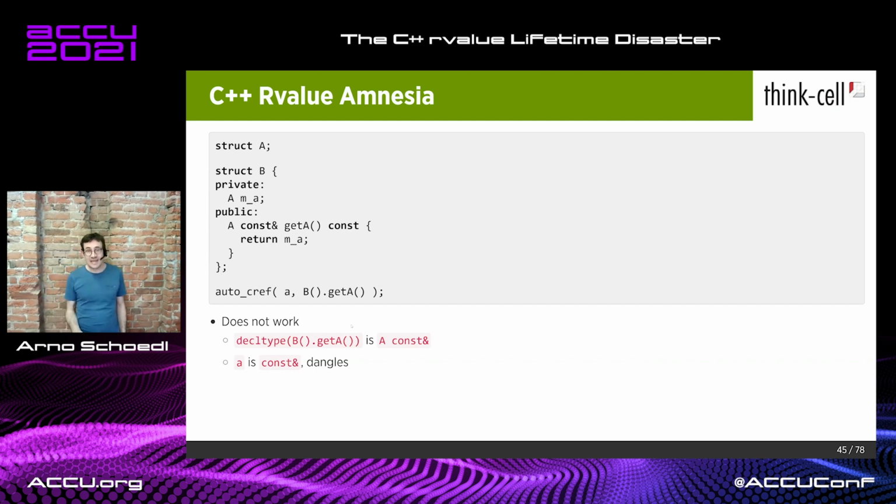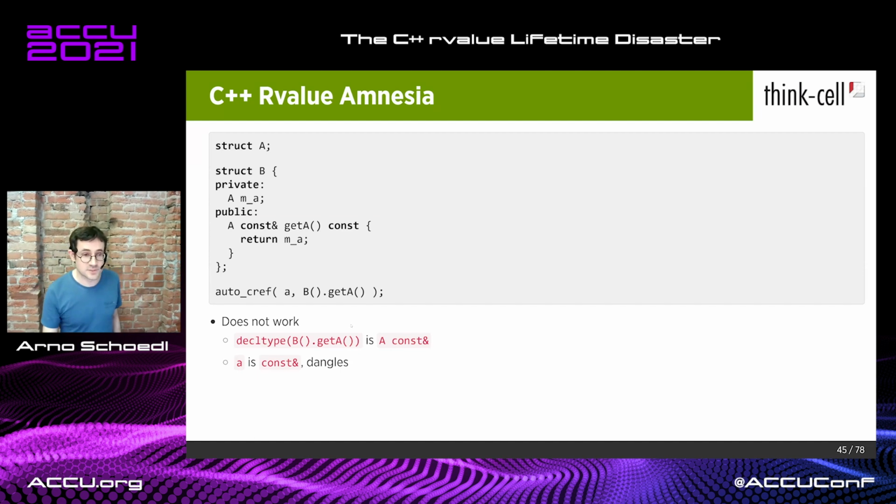And getA can be called on B, which is an rvalue, creating a temporary B, and we can call getA on it. But I don't really want that, right? Because it would be nice if we could only call getA on lvalues, on Bs that stick around, that don't go away. And then I can safely get a reference to the A inside the B, because I know the B is going to stick around.